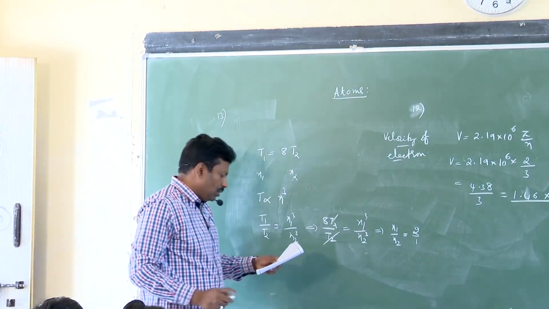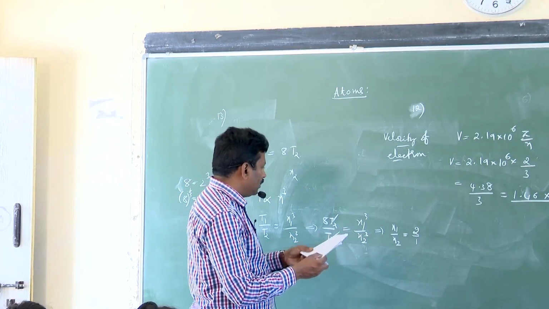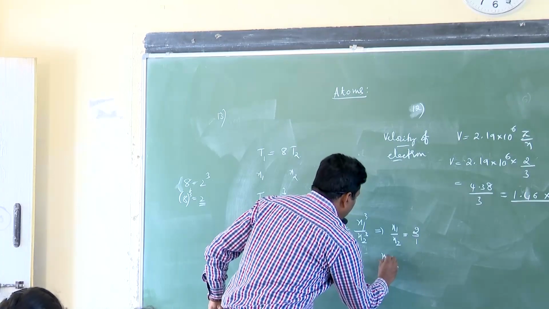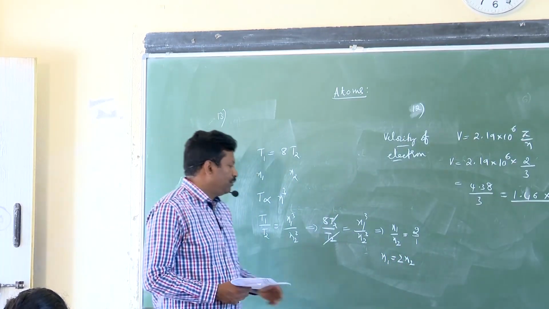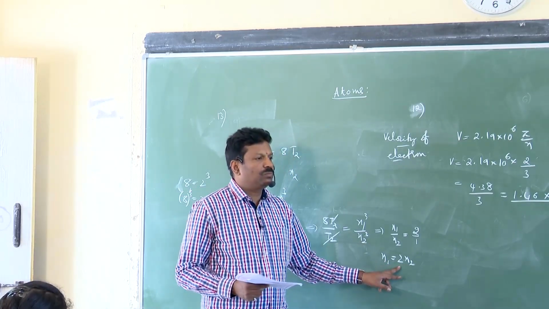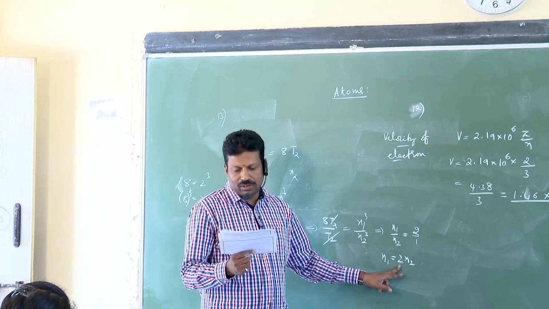So therefore, how are N1 and N2 related? N1 is 2 N2. Correct? So if N2 is 1, N1 is 2. Right? And if N2 is 2, N1 is 4.